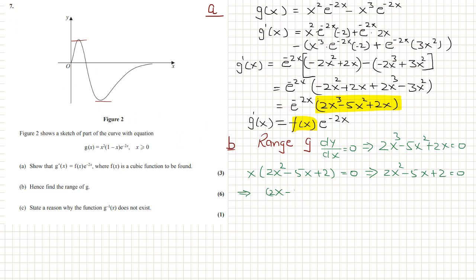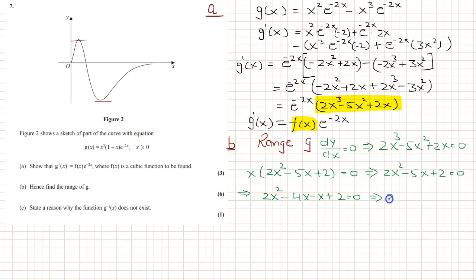So this is 2x squared minus 5x can be written 4x minus x plus 2 is equal to 0.